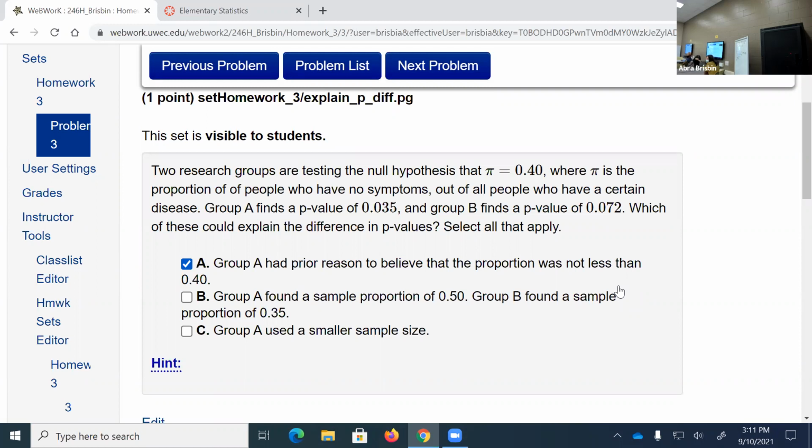The p-value is telling us how much probability is in the tail here. So how extreme is this p hat? The smaller that is, the stronger the evidence.